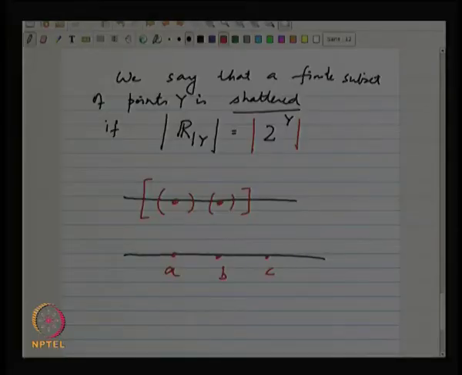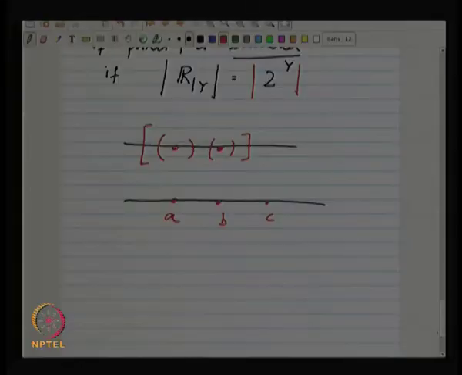Let us call the 3 points A, B, C. No, because if we have a subset containing A and C, we can't help also picking up B. So it can't be shattered. Not just these 3 points, but no 3 points can be shattered by that range space.